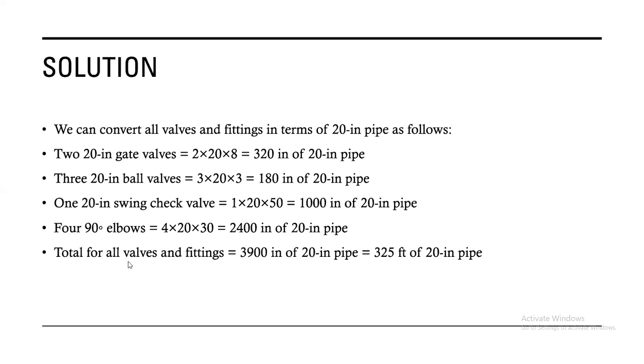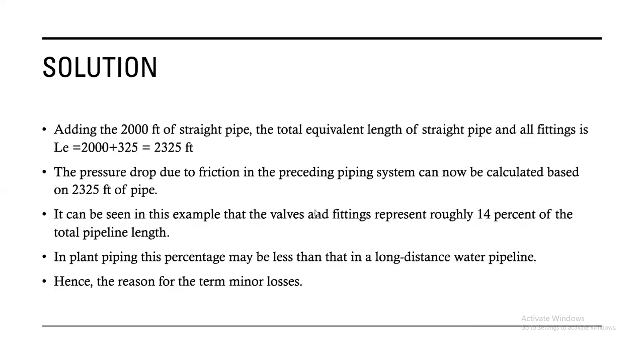So the total for all valves and fittings is 3,900 inches of 20-inch pipe, which is the same as 325 feet of 20-inch pipe. Adding the 2,000 feet of straight pipe, the total equivalent length of straight pipe and all fittings is equal to 2,325 feet.